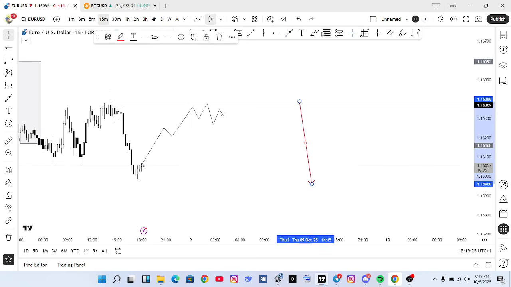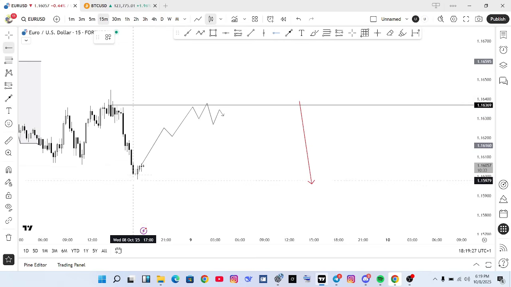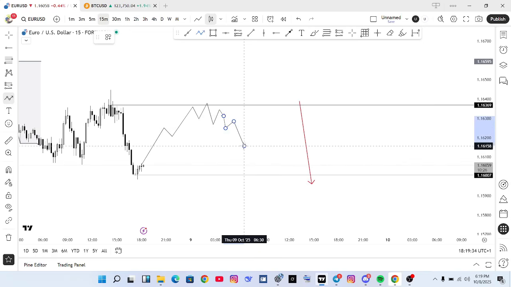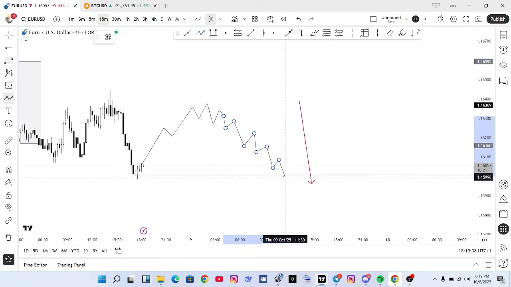Now, if there is another key level here and price started selling from here, sell from here, sell from here, sell from here, and when price now reach this daily key level, remember this is a daily key level, when price reach another daily key level, it started rejecting from there, and now you go to your 4-hour, which is your confirmation time frame.